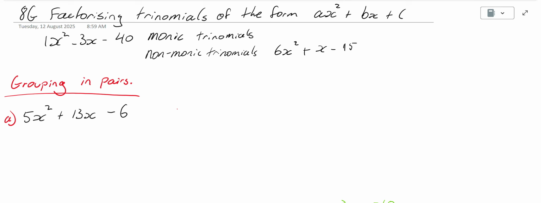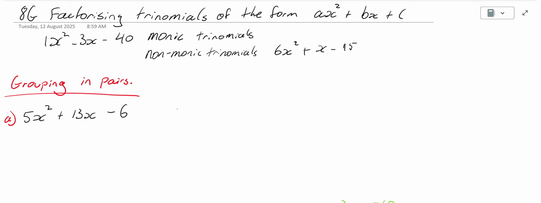When the coefficient of your first term is greater than 1, it makes it a lot harder to factorize, because you've got another piece of information in your terms that you need to find a common factor for. And you can't just use highest common factor straight away like we have been.